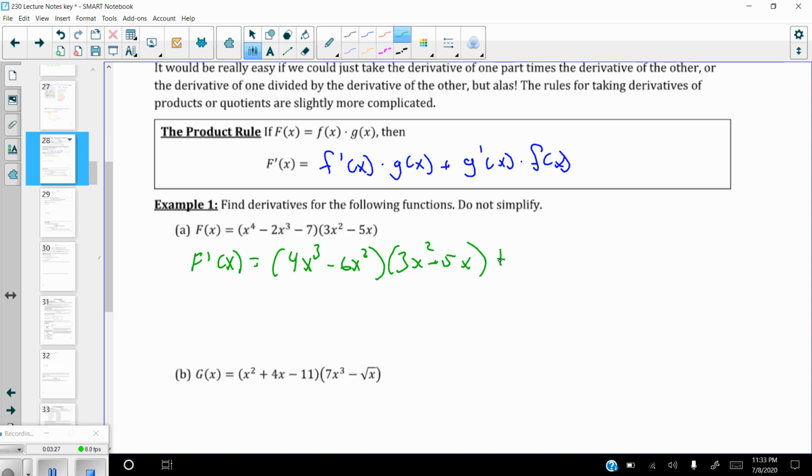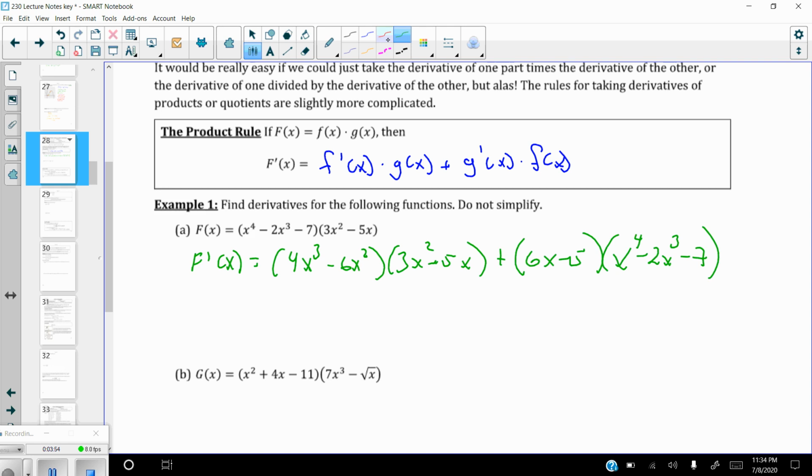Plus, product rule. Now we take the derivative of the second function, the derivative of 3x squared minus 5x, which is going to be 6x minus 5, and then we multiply that by the first function in its original form. And that's it. That's the derivative using the product rule.